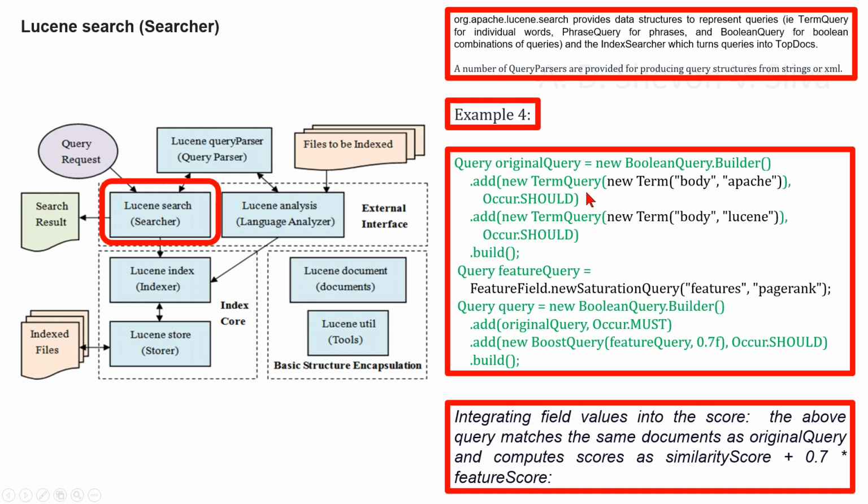This may be combined with other terms with the BooleanQuery. The constructor constructs a query for the term here. Here the method build creates a new BooleanQuery based on the parameters that have been set in this builder.